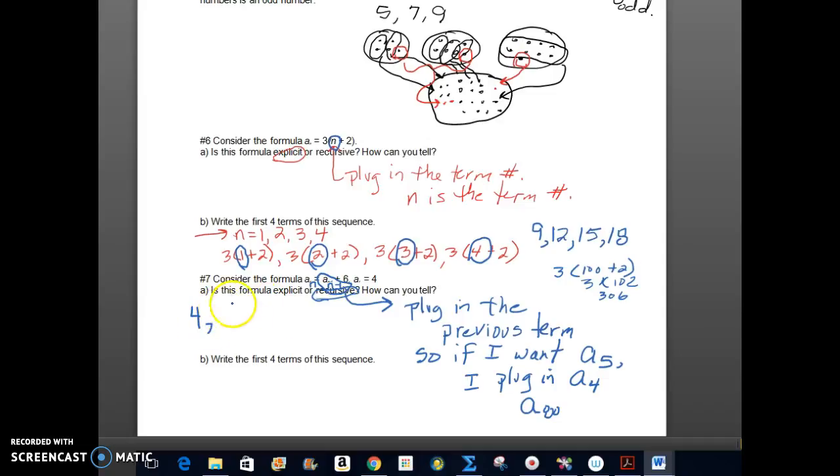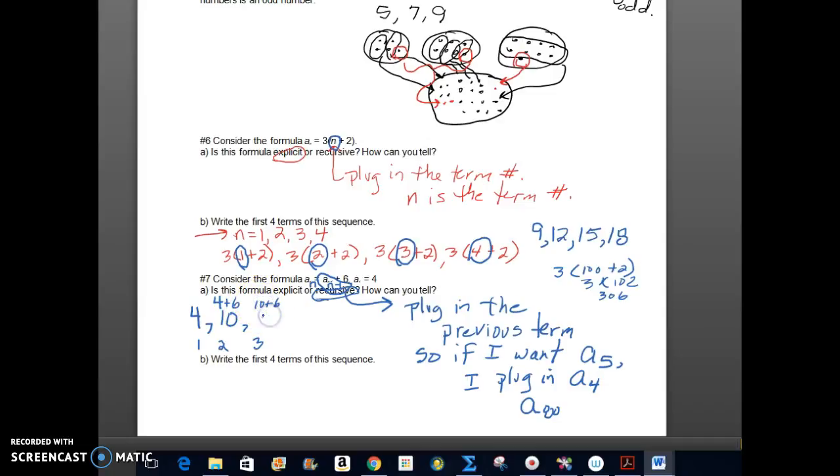So then I plug in my previous term. That's my a sub n minus 1, all right? Because I'm on term 2. This is term 1. I'm on term 2. I plug in 4. I add 6. My next term is 10, okay? I'm on the third term. So I plug in the second term, which is 10.